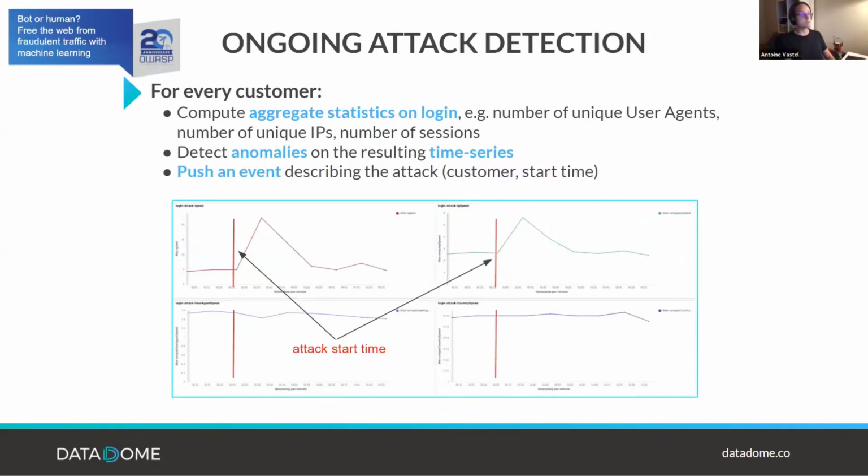As you can see on the picture, it's only 4 time series, but these are signals that we monitor. And for each of them, we apply an outlier detection algorithm in real time in a streaming detection engine that will detect when an anomaly starts to happen. And if we detect an anomaly, then we will push an event describing the attack. So we will send an event saying that for a given customer at a given time, a given attribute started varying abnormally.